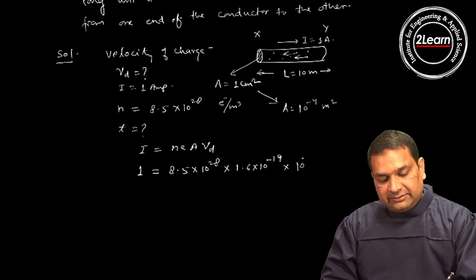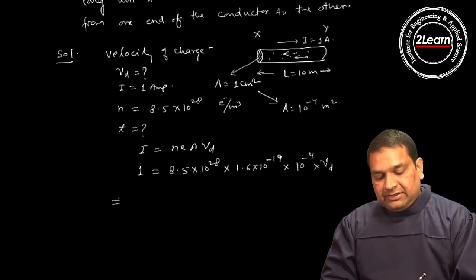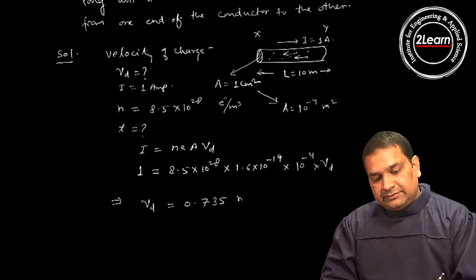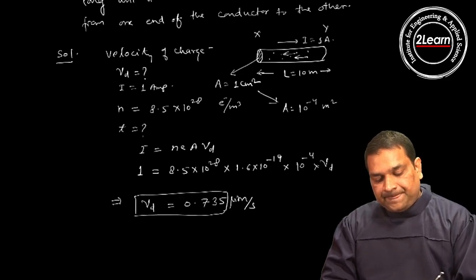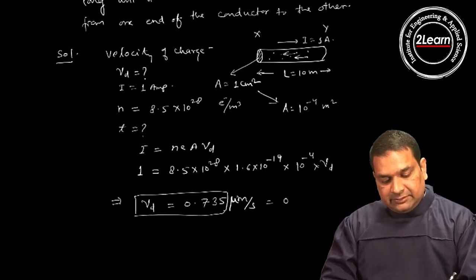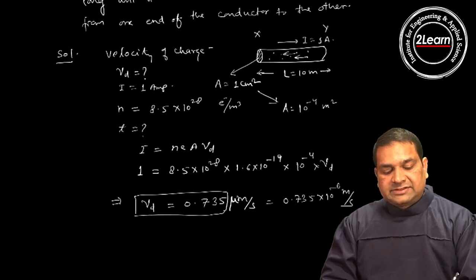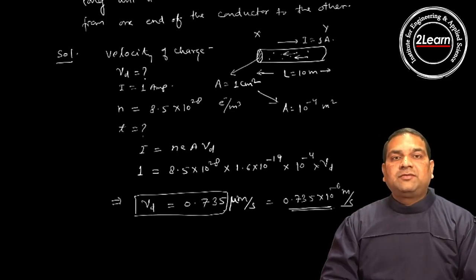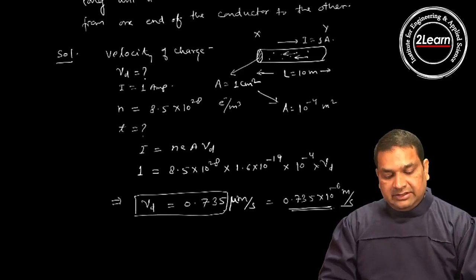Into V D. So from here you can find the value of V D, that is in micrometer per second, or you can say into 10 raised to power minus 6 meter per second, because 1 micrometer equals 10 raised to power minus 6 meter.